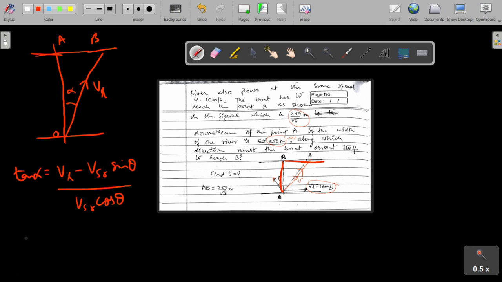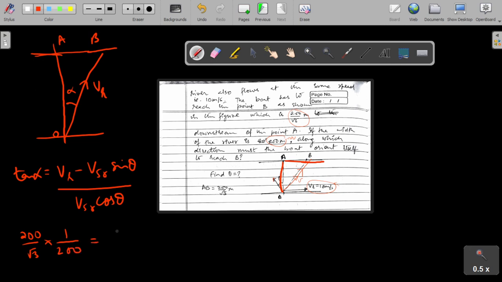So the distance AB is 200 upon root 3, divided by the width of the river, which is 200.